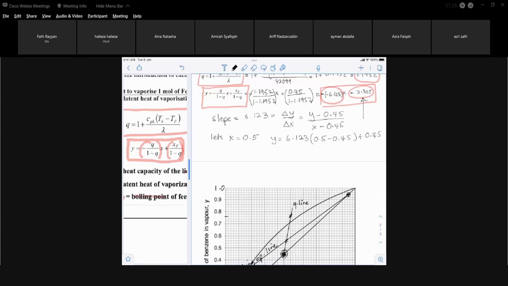Anybody managed to get a value before I got mine? Ouch. I seem to be getting a negative. How could I get negative? 0.5 minus 0.45 is positive, it cannot be negative.